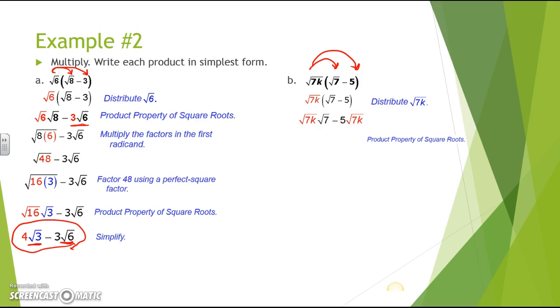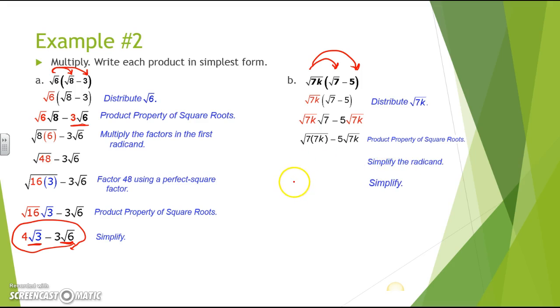We're now going to use the product property of square roots. So we are going to multiply together 7 times 7k, minus 5 times the square root of 7k. 7 times 7k is going to give me 49.